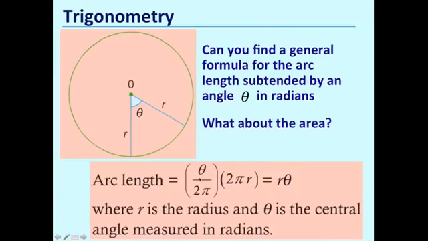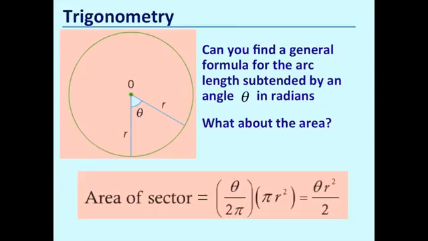Remember now though, we're going to be looking at radians, and we said there are 2 pi radians in a complete circle, so this proportion is going to be theta, which you need to use radians to express. Theta divided by 2 pi times the circumference, and we can cancel that down, and it simplifies to r theta, which is a very nice, easy way of finding the arc length. R times theta is how we can find it for any value, theta in radians.